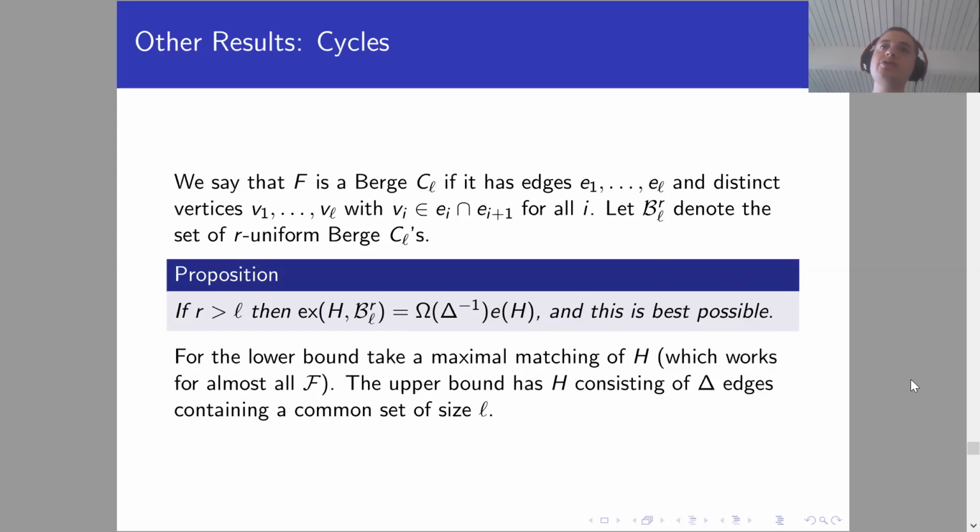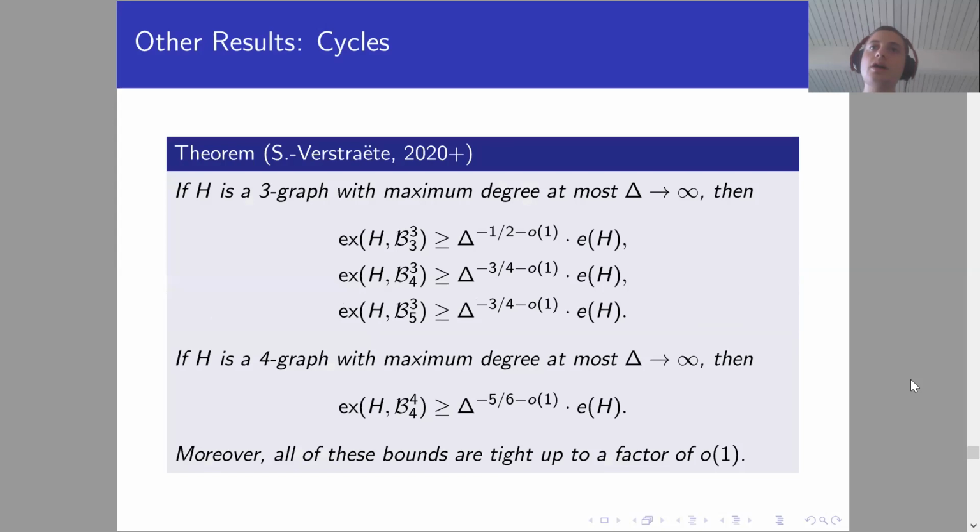But when R is at most the size of L, there are cases where you can say something interesting. So in particular, we have the following tight bounds for these cases of Berge cycles, and they're tight by considering the clique as your host graph.